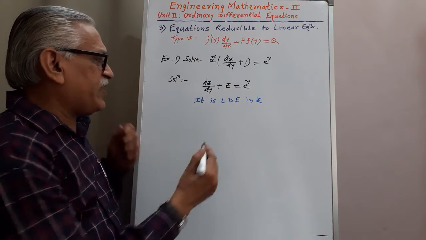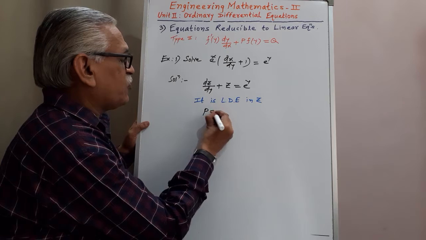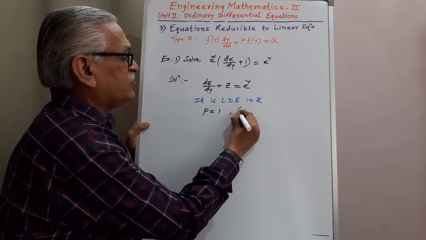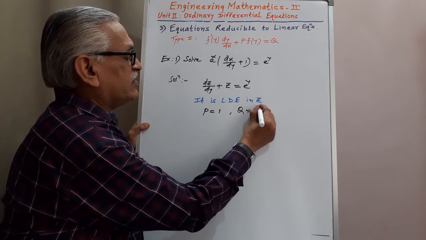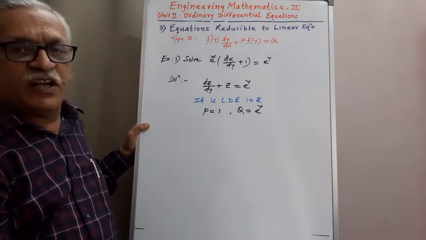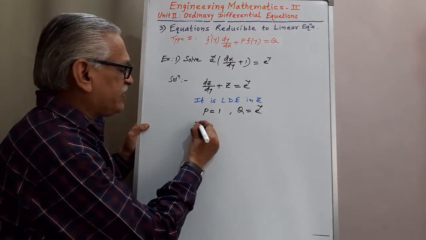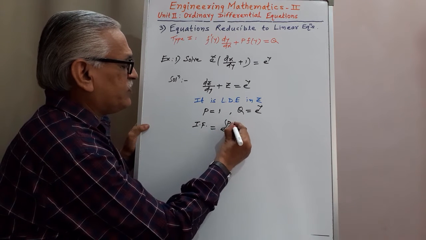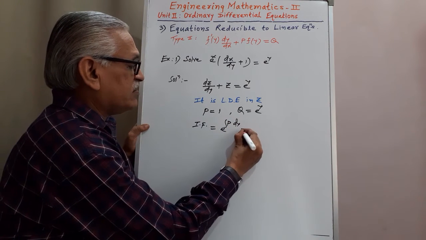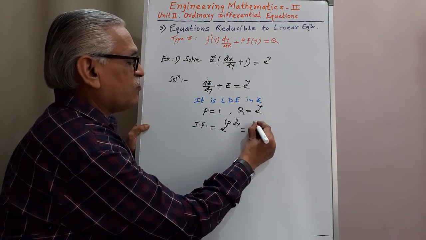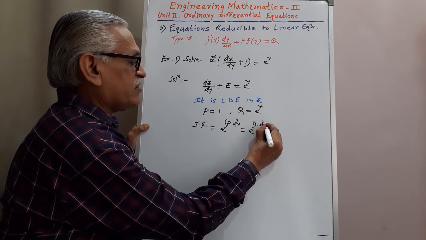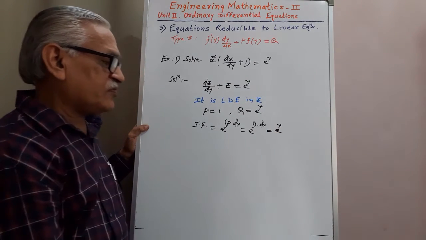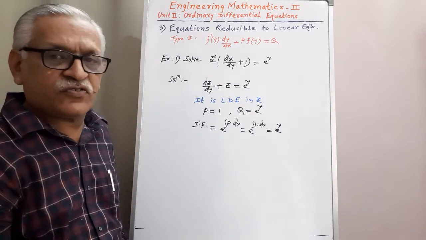Comparing, we get the values of p and q. P is the coefficient of the dependent variable, 1, a constant term. Q is the value on the right hand side, e raised to y, a function of the independent variable y. And then we find the integrating factor. It is e raised to the integration of p with respect to y, which is e raised to the integration of 1 with respect to y, and its integration is y. Therefore the IF is e raised to y.